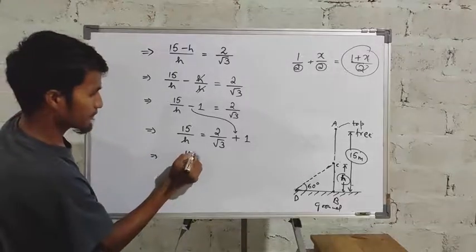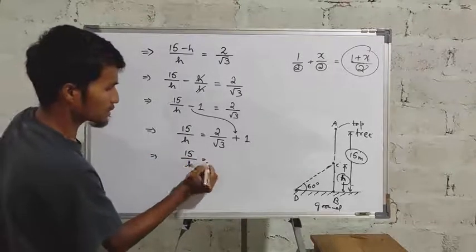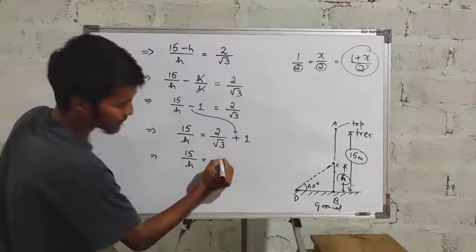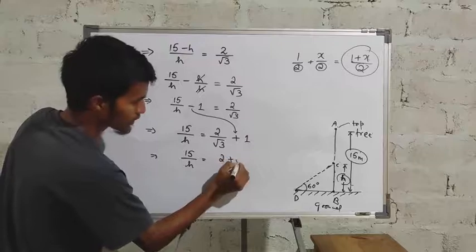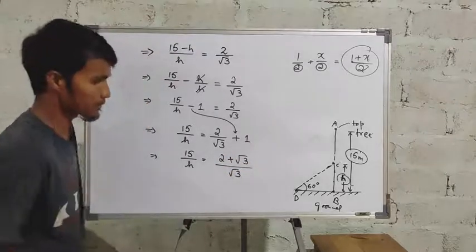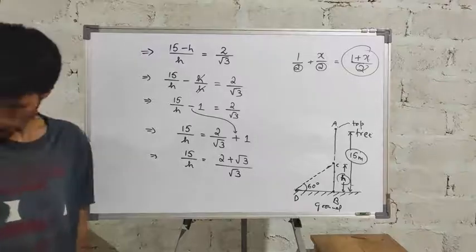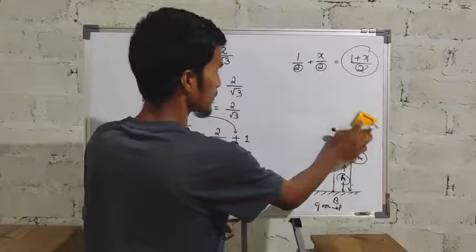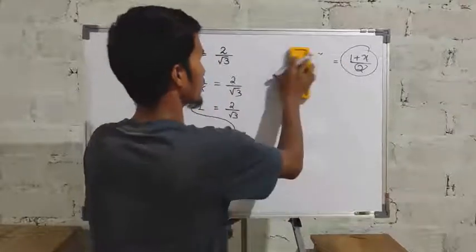Then 15 by h is equal to root 3 into 1 will be root 3, then 2 plus root 3 divided by root 3. Okay, I wrote this. We already got it.